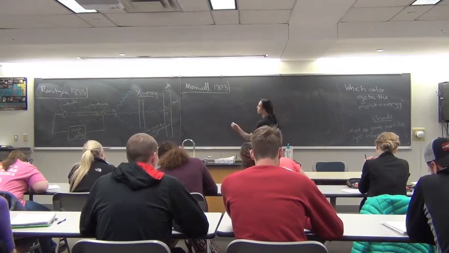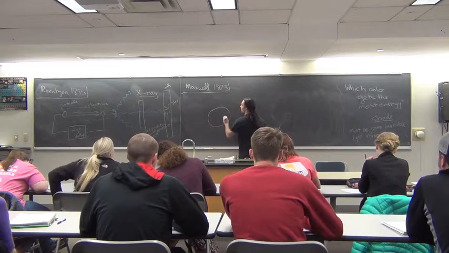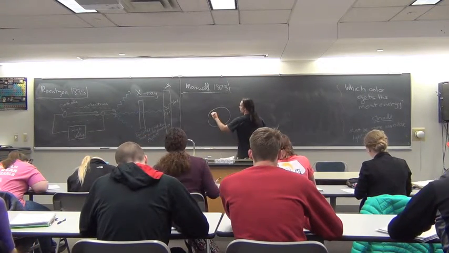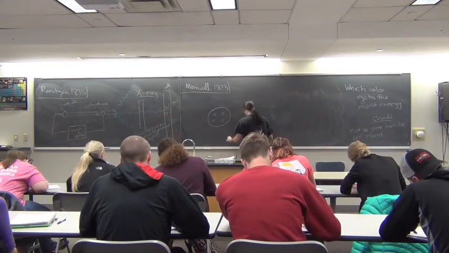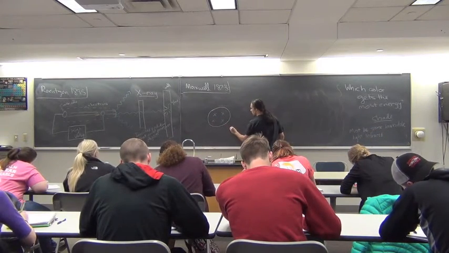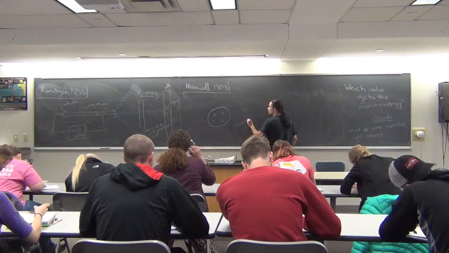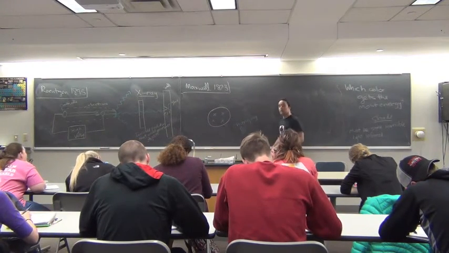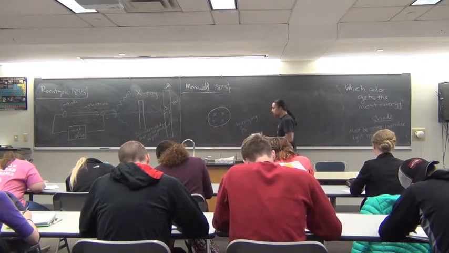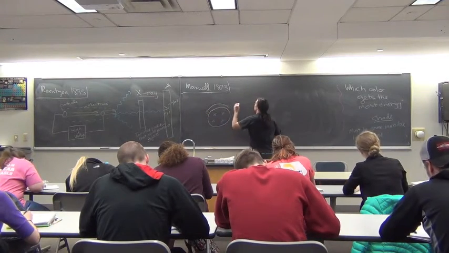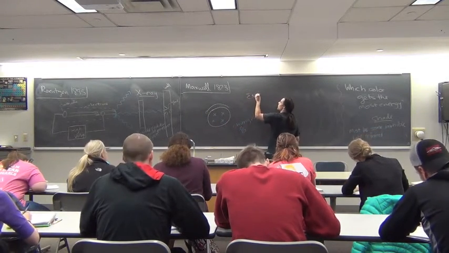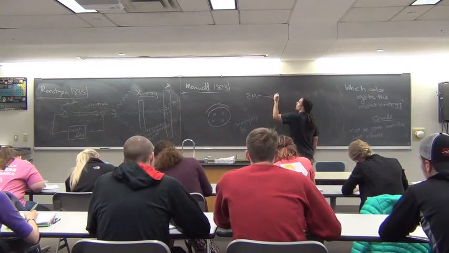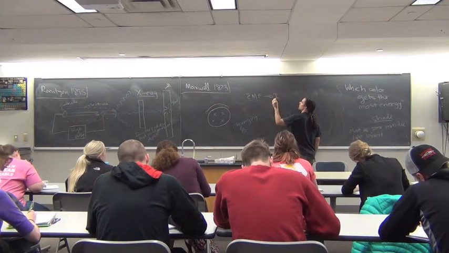And so Maxwell knew that if I have a wire, and I have a changing magnetic field in that wire, he knew that you got some current going around. You got some electromotive force, and that electromotive force produced some current.